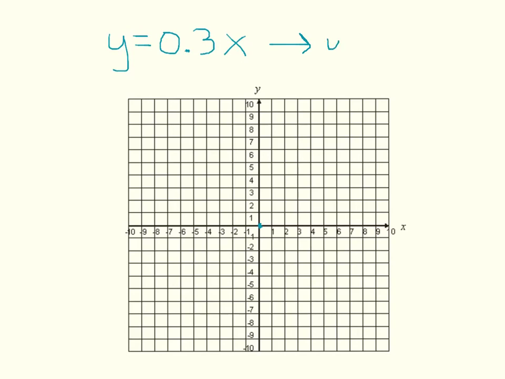So if we rewrite this as y equals 3/10 x, now we can graph a better equation. So we're going to rise 3, run 10. Up 3 over 10. Down 3, left 10. Draw your line and double check. It is positive, and from left to right it is going uphill.